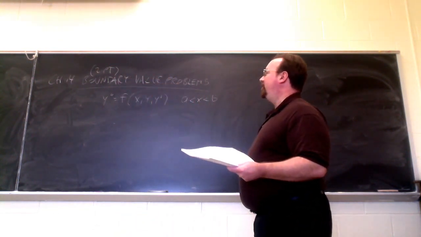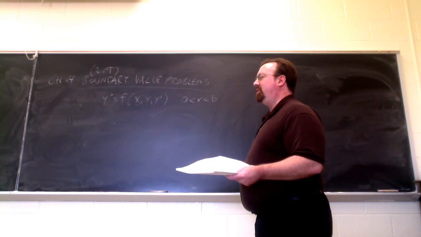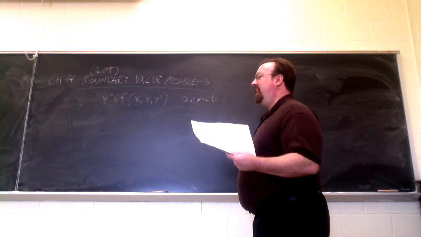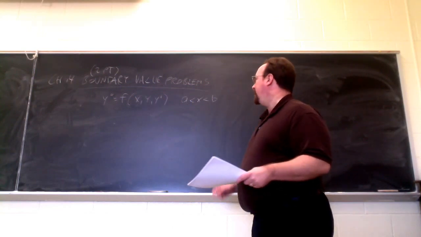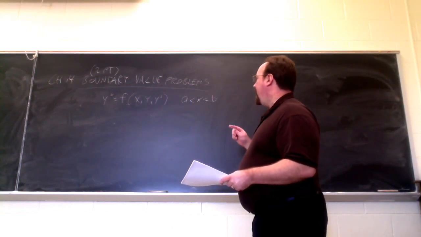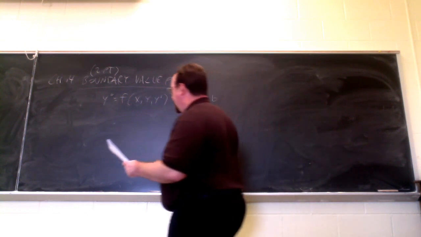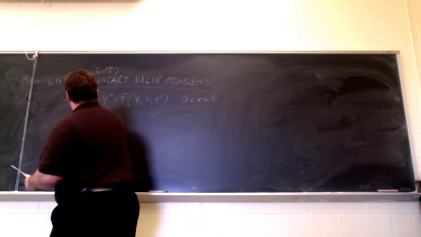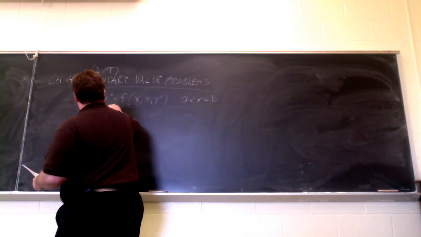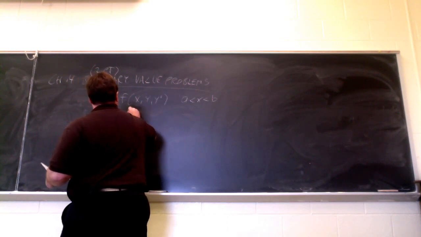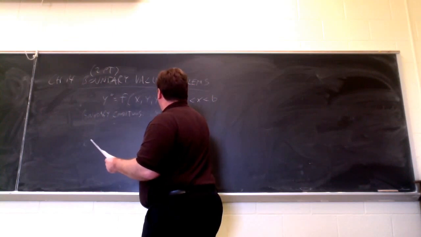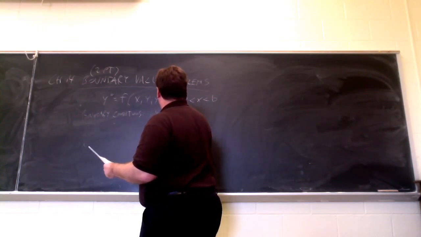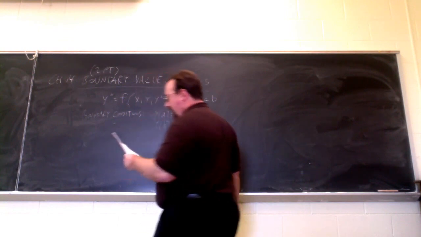In your first differential equations class, you solved second order ODEs all the time, but those had two initial conditions, like you specify y of a and y prime of a. But this is a little different. We have boundary conditions this time. So y of a is equal to some value alpha, and y of b is equal to some value beta.